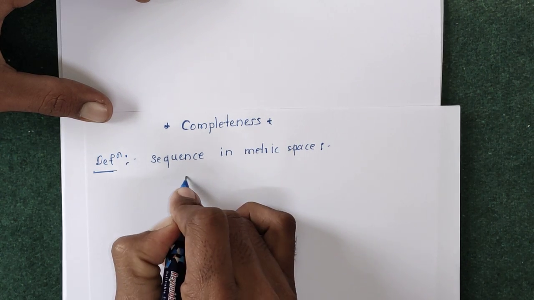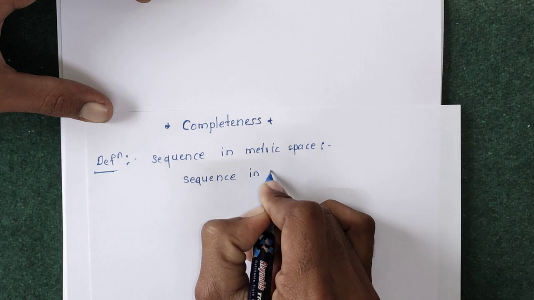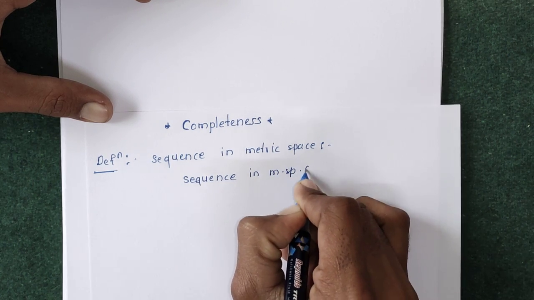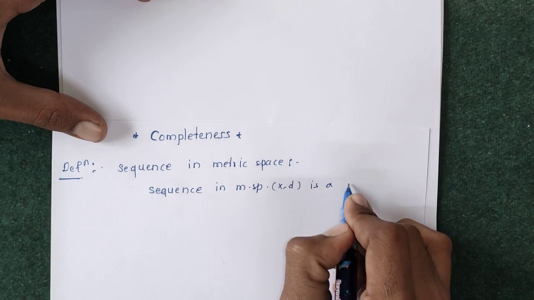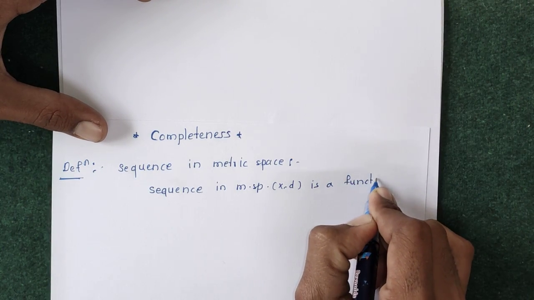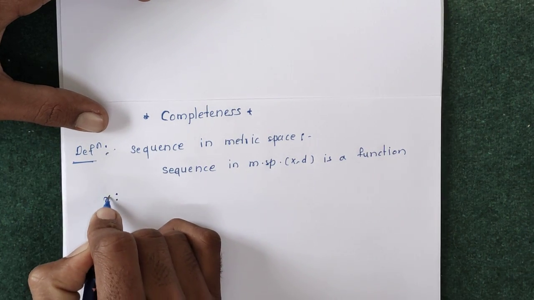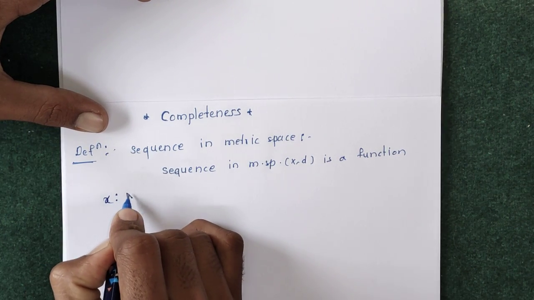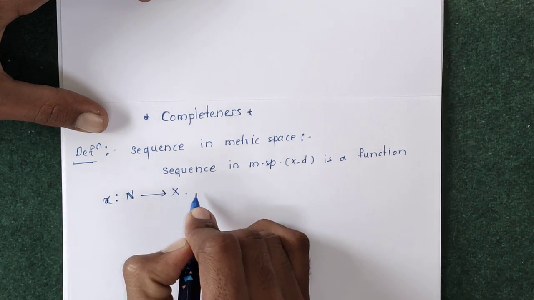So the definition is: a sequence in metric space (X, d) is a function. Suppose small x is a function from the set of natural numbers to a metric space X.